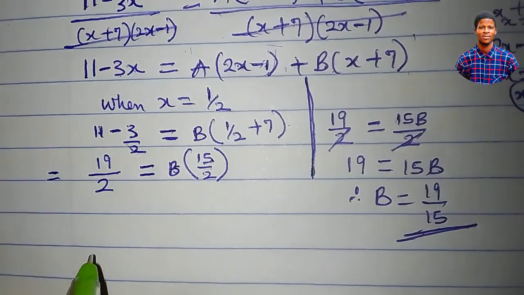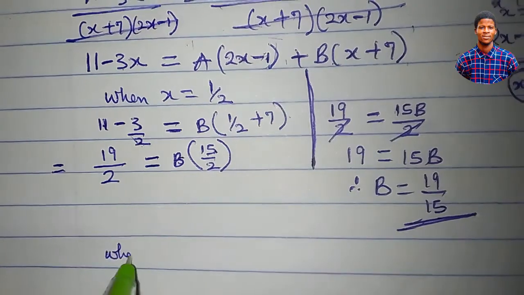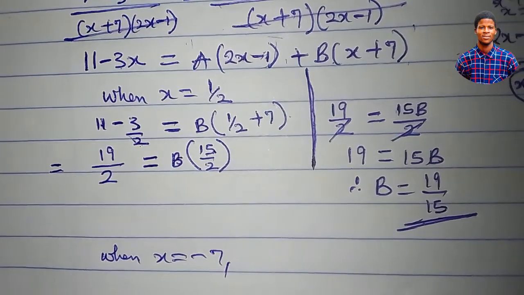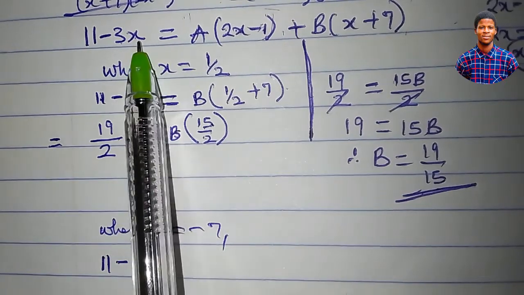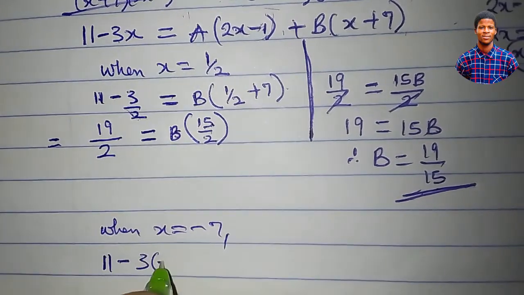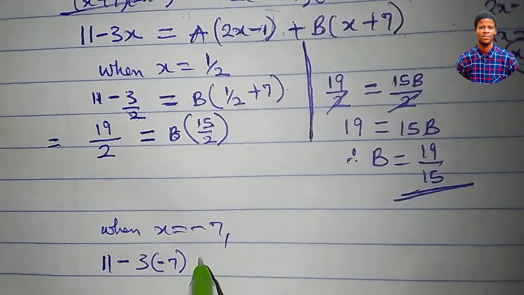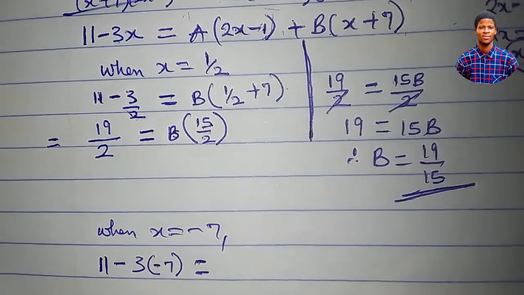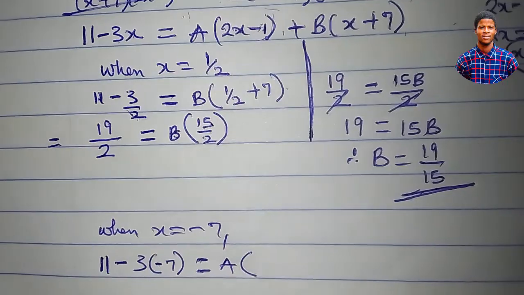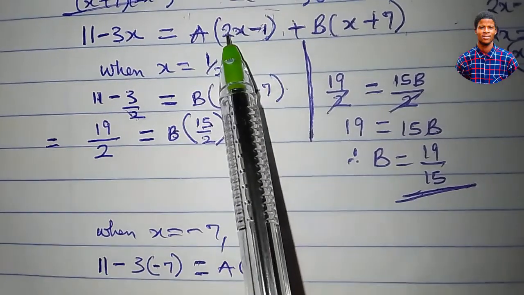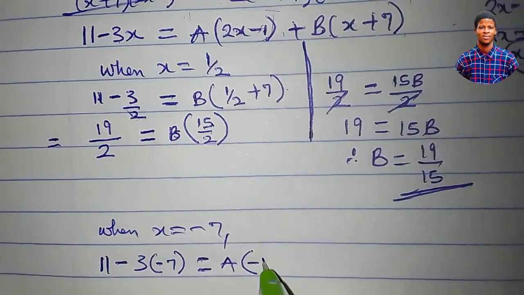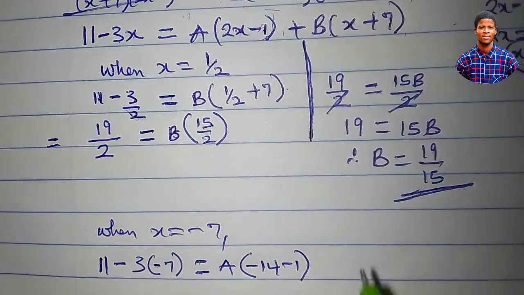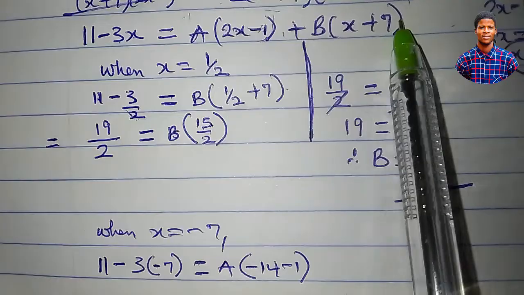So when x is equal to minus 7, 11 minus 3 times minus 7 is equal to A bracket. 2 times minus 7 is minus 14. Minus 14 minus 1. Everything here is 0, so that's out.